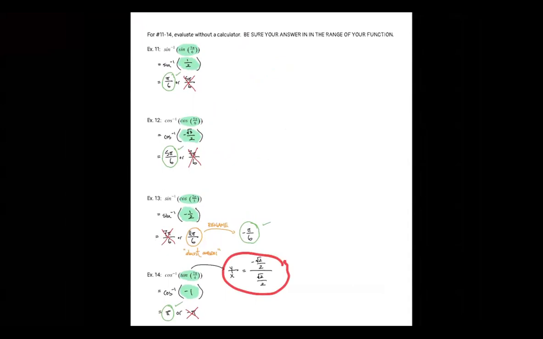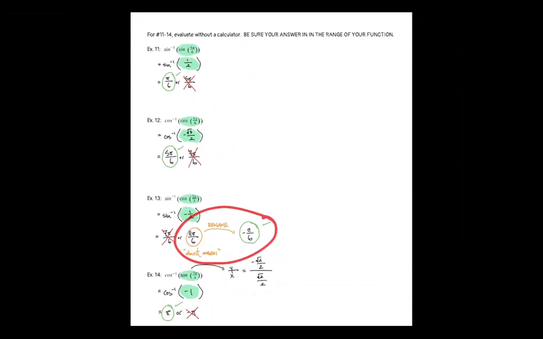That's a fair request. Sometimes we have to rename things. And I will tell you right now that I will be asking you questions that involve renaming on the exam on Wednesday. So this is a very important skill that I want you to know and be able to execute.